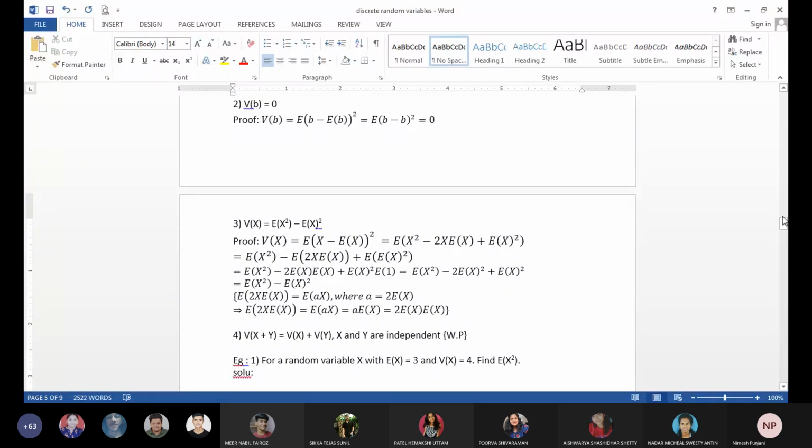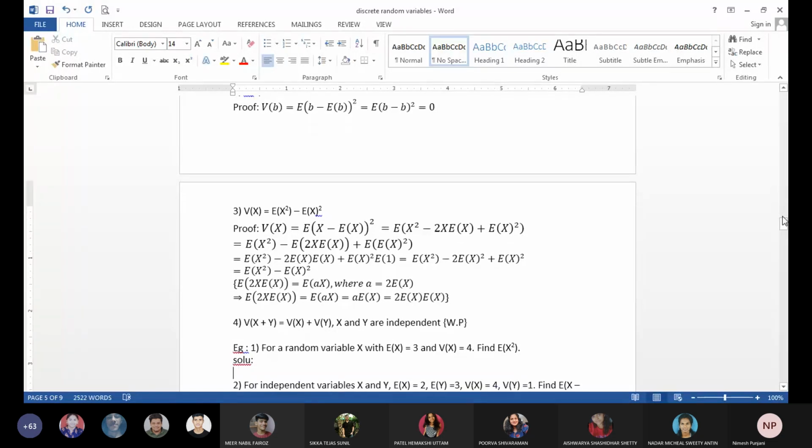For example, we did not prove the fourth property, that is variance of x plus y is variance of x plus variance of y when x and y are independent. So its proof will not come in your exam. Whatever proofs we are doing, only that many proofs will be expected from you.